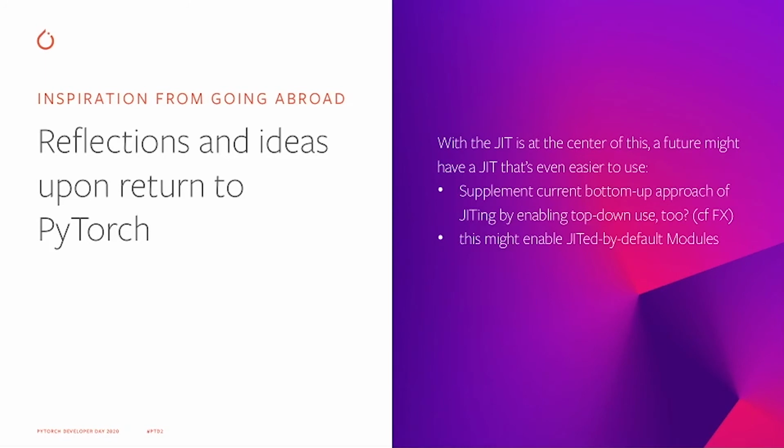And so with the JIT at the center of all of this, a future might have a JIT that's even easier to use. We might supplement the current bottom-up approach of JITting, where you have to have all the functions you use in a scriptable or traceable way before you can JIT your model.